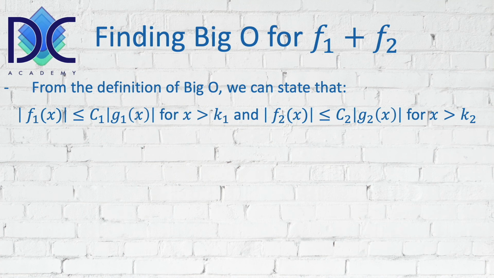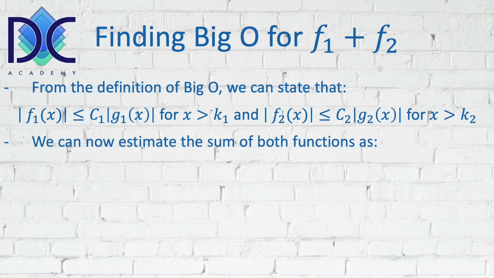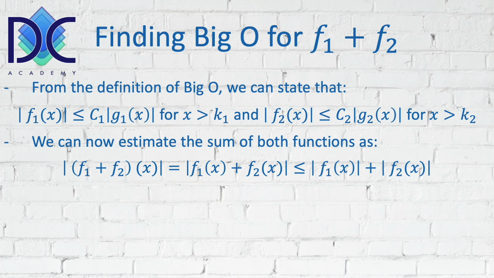So f1 is big O of g1 of x, and f2 is big O of g2 of x. Now, the absolute value of f1 plus f2 is equal to the absolute value of f1 of x plus f2 of x.